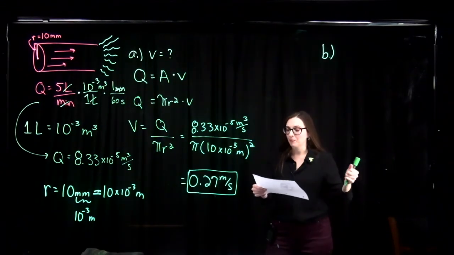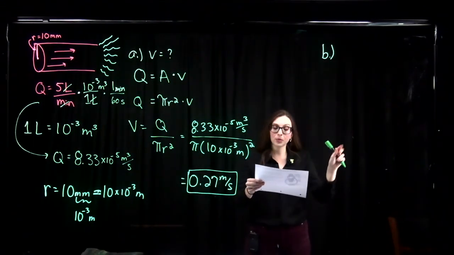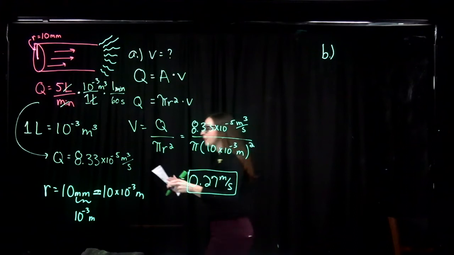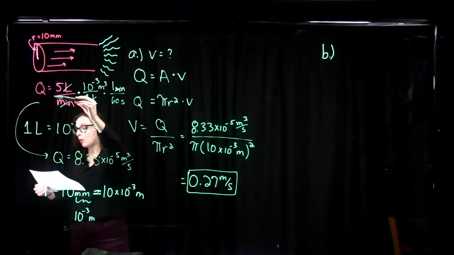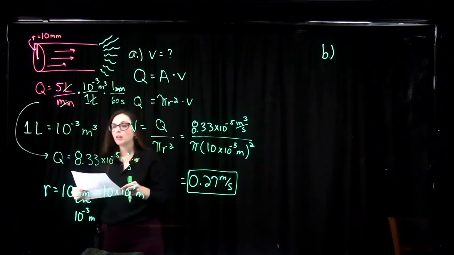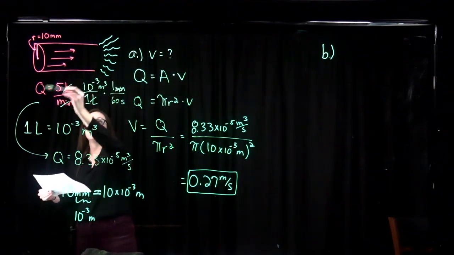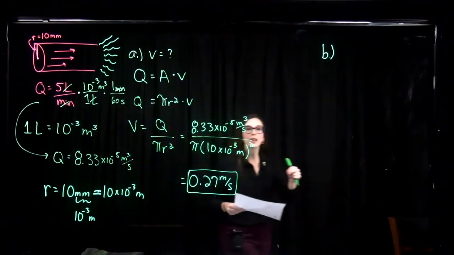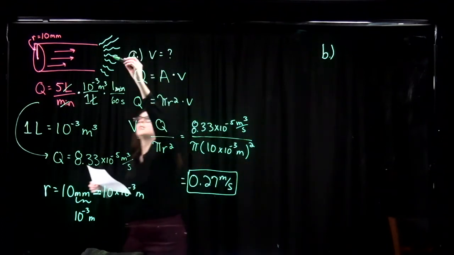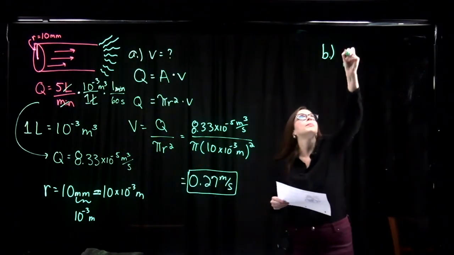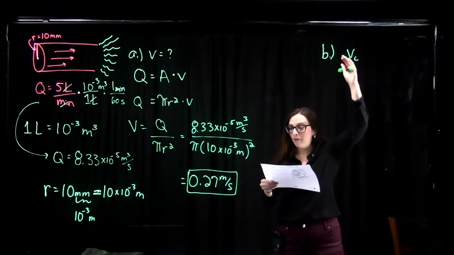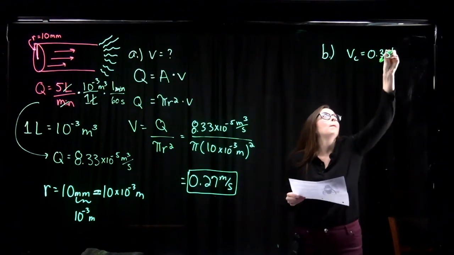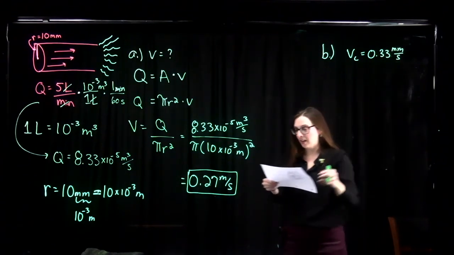Now for part B. Blood also flows through smaller blood vessels that we call capillaries. Now we're going to have the rate of blood flow in our aorta still of 5 liters per minute. So when the rate of blood flow in our aorta is this 5 liters per minute, the speed of blood in the capillaries, these smaller blood vessels, I'm going to call it V sub C, is equal to 0.33 millimeters per second.